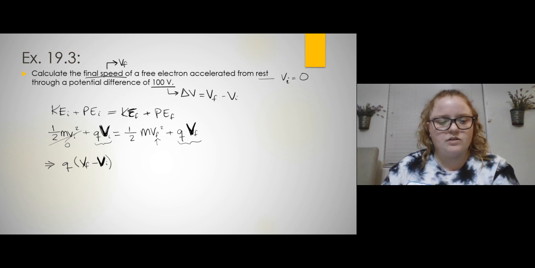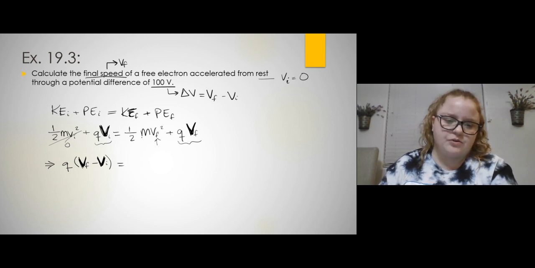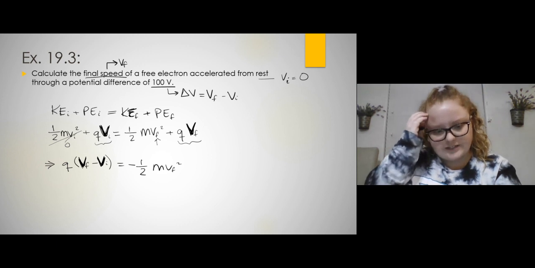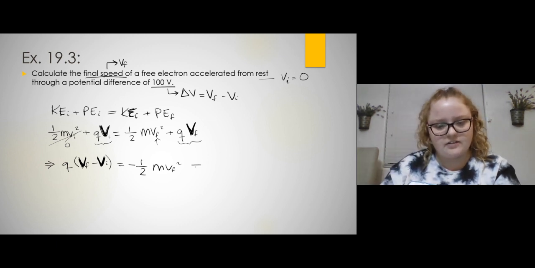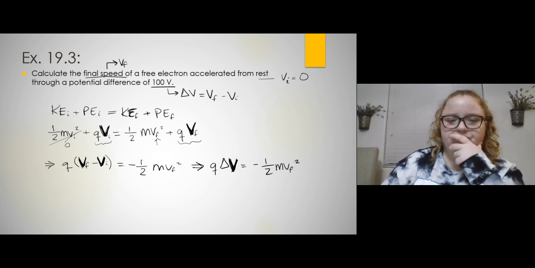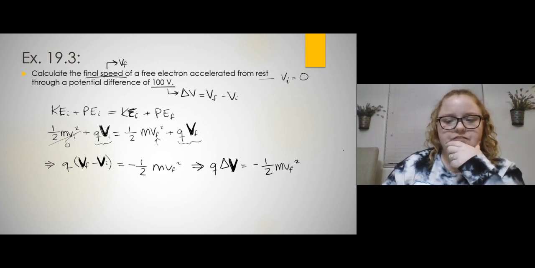Let's make it bold so that we know it's potential energy. It's equal to, moving that over, negative 1/2 m V F squared. So we have Q delta V and 1/2 m V F squared. Now we have our potential difference here.